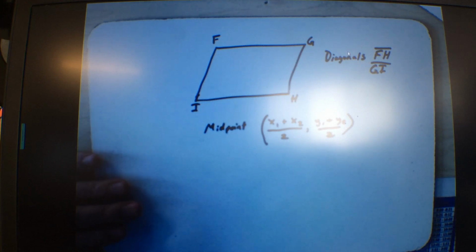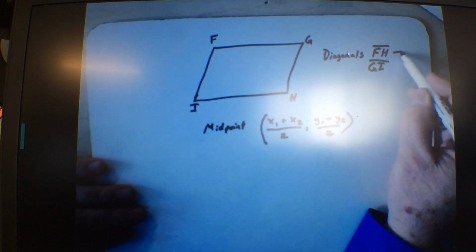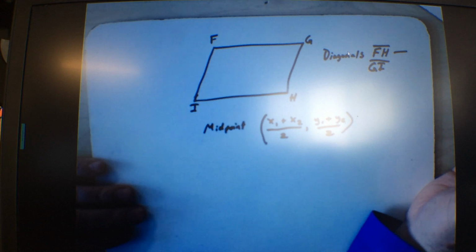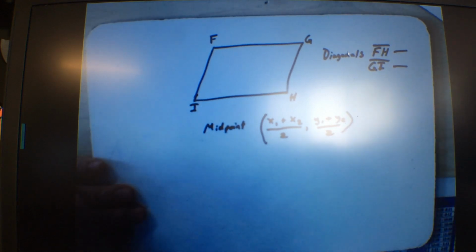Yes. So if half of you chose, why don't Kagan, Nelcha, and Connor do the midpoint of FH, and then you other three do the midpoint of GI, okay? So I'm going to just choose one. I'll just do GI.